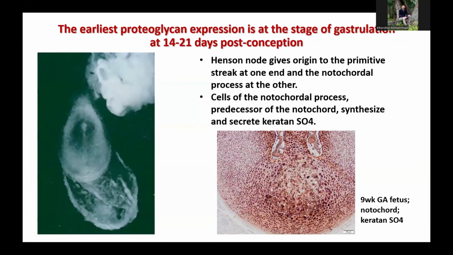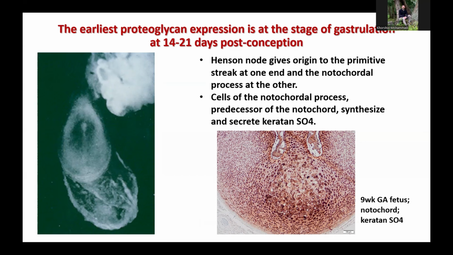Even earlier, we can see this in gastrulation, and if you see carefully, this is the early embryo, and there's a black line that extends forward, and that's the primitive streak, and there's a little bit coarser white line on the other end, and that's the notochordal process, which is the predecessor of the notochord.